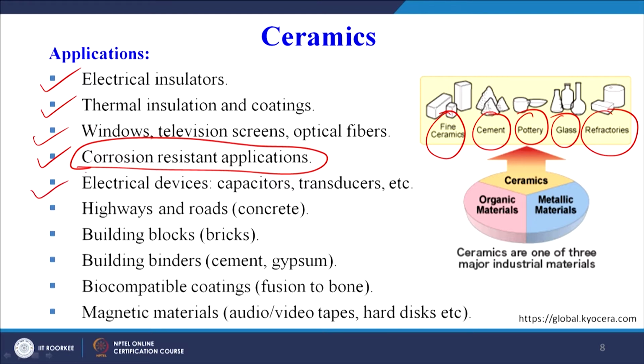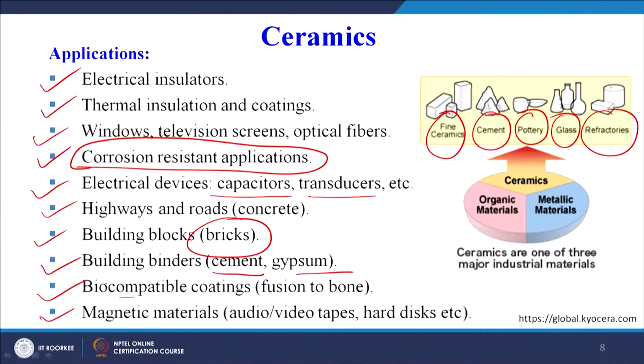They are used in electrical devices such as capacitors and transducers. They are used in highways and roads as concrete. They are used as building blocks such as bricks, and building binders such as cement and gypsum. They are used for biocompatible coatings, as I have already discussed, for fusion on the bone. Even the white cement that we sometimes use for teeth is a ceramic material.